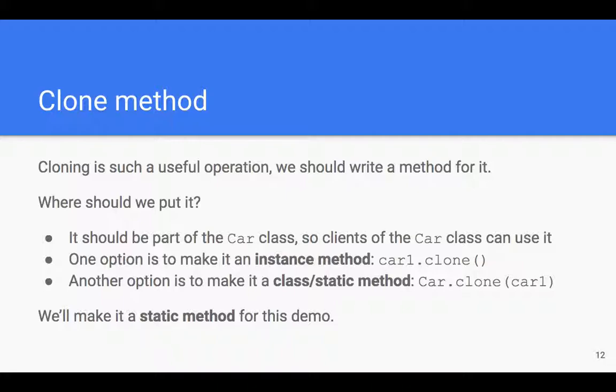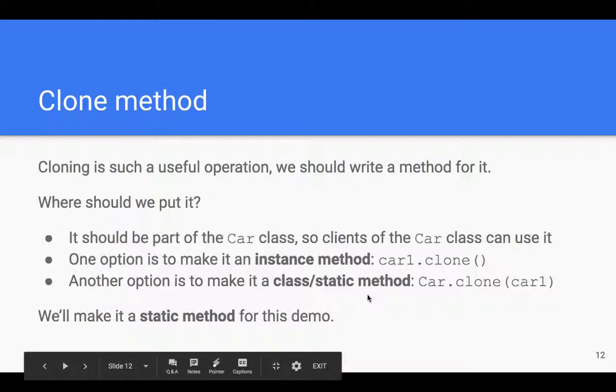Now, we basically have a few options for how exactly we write the clone method. One is to make it an instance method. Then, given an instance of a car, in our example car1, we say car1.clone, and that returns a new clone of car1. Another option is to make it a class or static method.